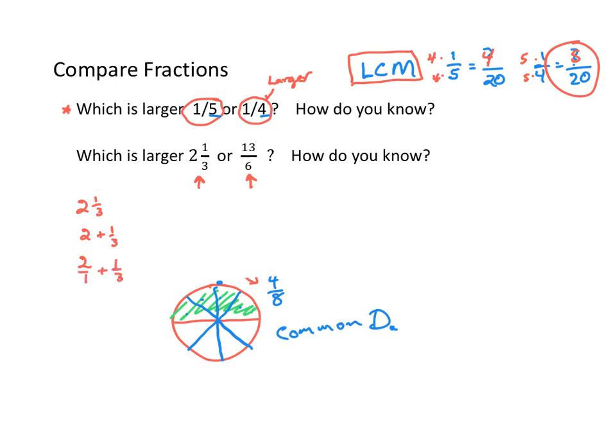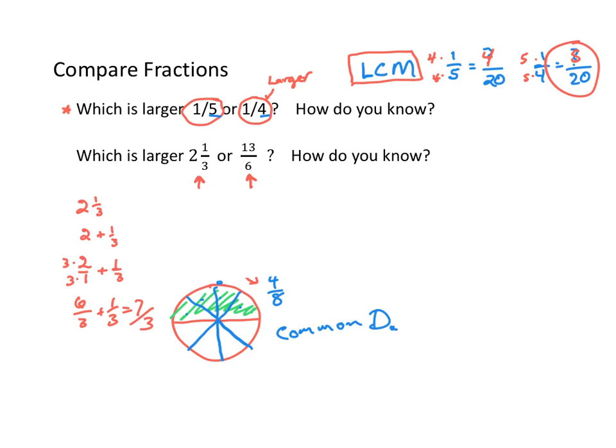And you might remember when we add and subtract fractions, you need a common denominator. So I'm going to change this denominator into 3. Remember, I have to multiply both the numerator and denominator by 3. So this is 6 over 3 plus 1 over 3, which is 7 over 3.